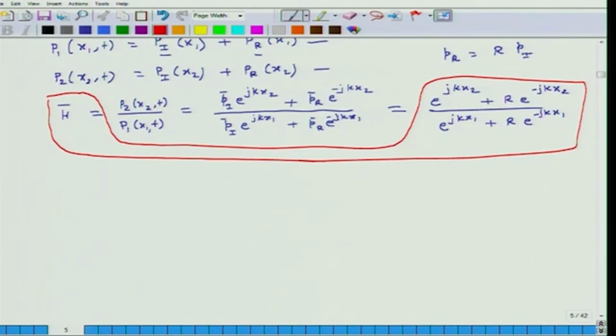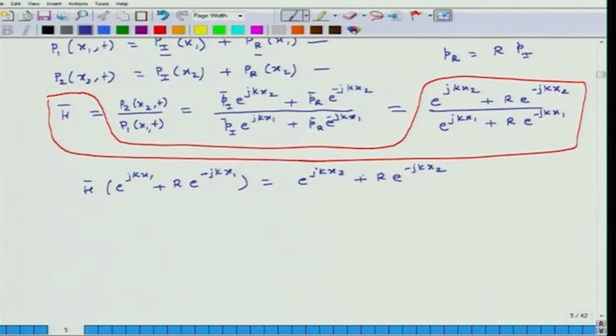So I can calculate R. So the relation is e^(jkx1) plus R e^(-jkx1) is equal to e^(jkx2) plus R e^(-jkx2).